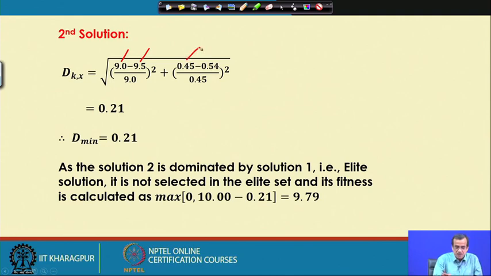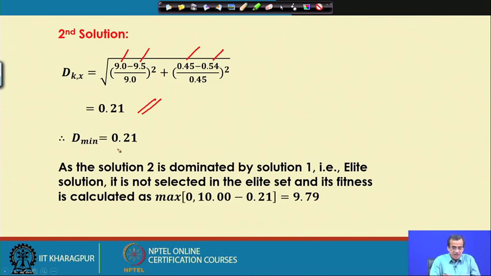Similarly, 0.45 corresponds to the non-dominated, and 0.54, the value of the second objective, corresponds to the second solution. So, we try to find out the Euclidean distance value, and it is coming to be equal to 0.21. Now, as I told, there is only one elite solution till now. So, there will be only one Euclidean distance value, and that is nothing but the d minimum.